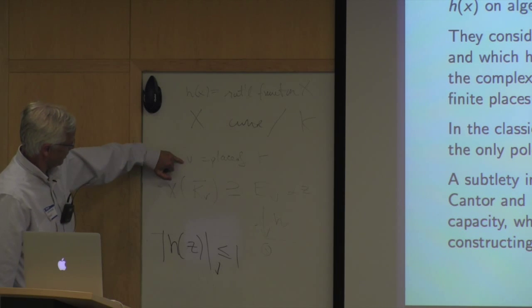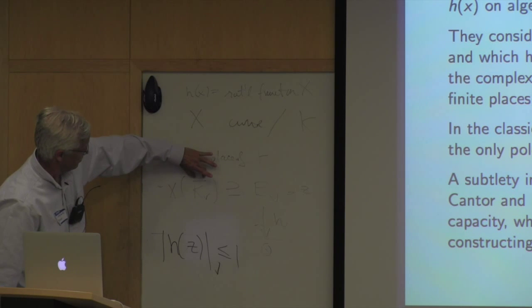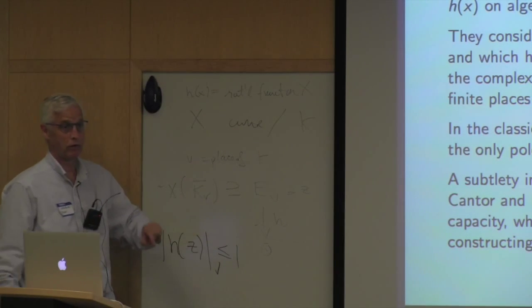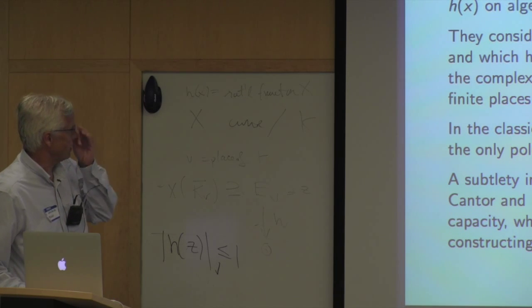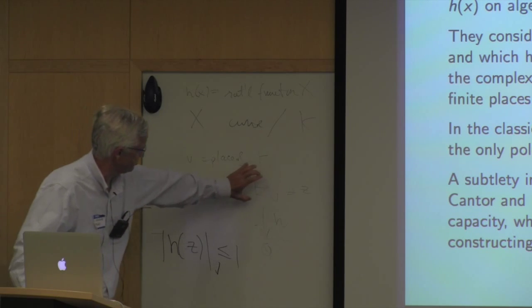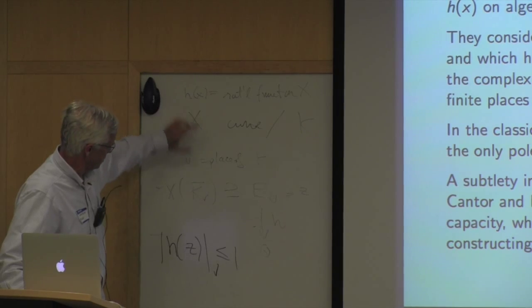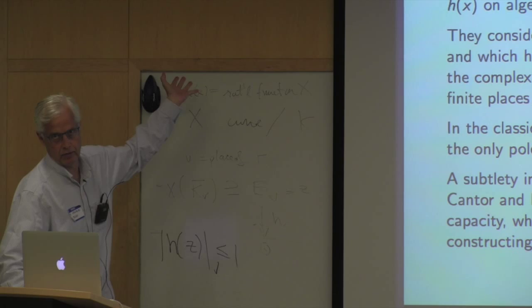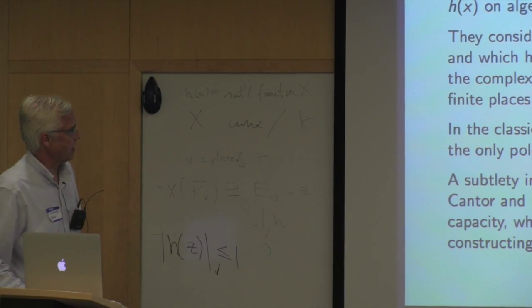And for Archimedean places, you're talking about the points of the curve over the complex numbers, and you put some subset of the points of the complex numbers, and you want your function to have absolute value actually less than 1 there. So their theory gives you, depending on how you choose these E_v, a method of deciding whether there is a rational function that has this boundedness property in the v-adic sets and has poles in a particular set.